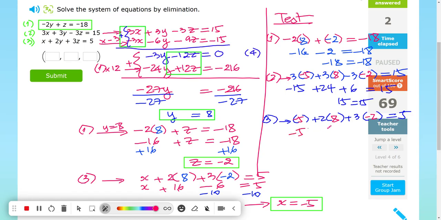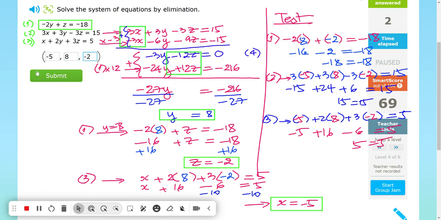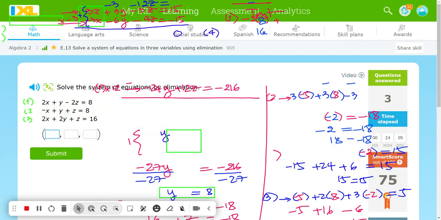I come out with negative 5 plus 16, subtract 6 equals 5. So 5 equals 5. So I've got the three answers right here: x is negative 5, y is 8, and z is negative 2. Voila, I'm correct.